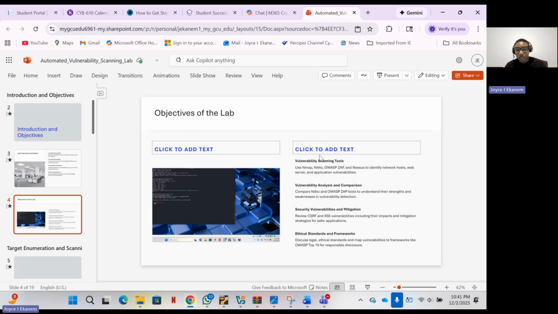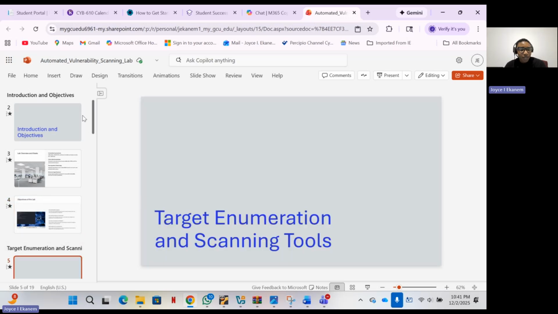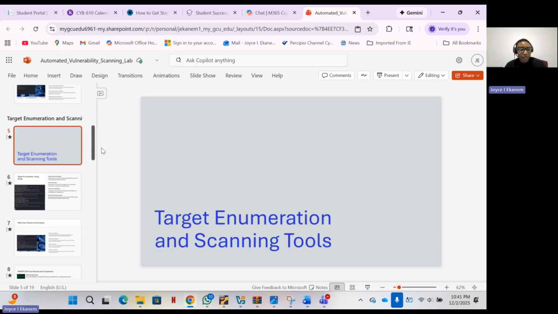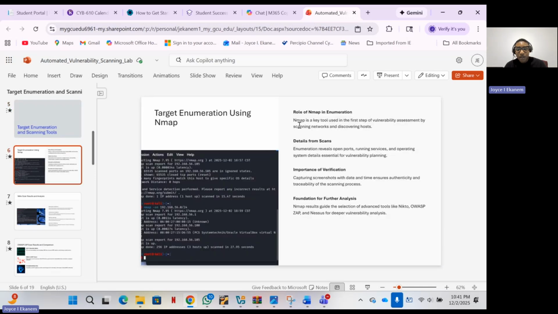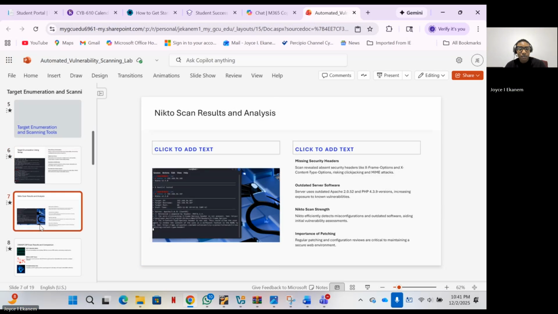Here's the screenshot and the vulnerability scanning tools. We run an Nmap scan. Target enumeration, we have the role of Nmap in enumeration. Target enumeration using Nmap. Here's the screenshot. The details from the scan, importance of verification, foundation for further analysis.